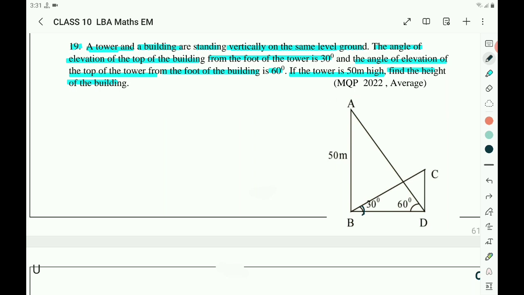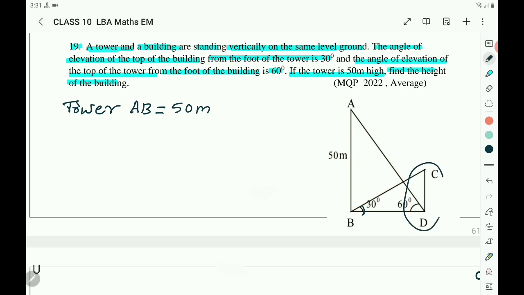So you take tower AB equals 50 meter. Then angle of elevation, what we have to find out here?